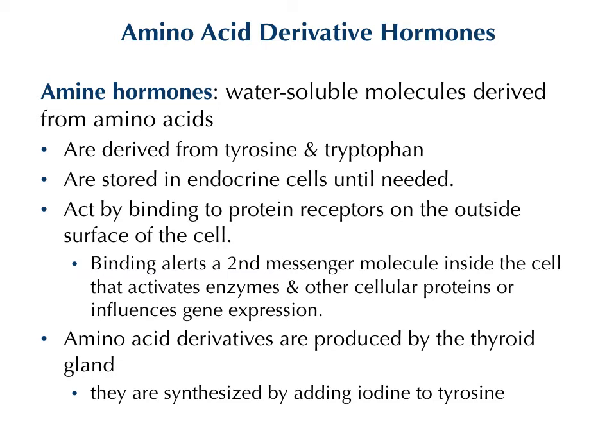They'll bind to that outside receptor, which will alert a second messenger molecule inside of the cell that will act on things like enzymes or other cellular proteins that could influence the expression of genes. Amino acid derivatives are produced particularly by the thyroid gland. They are synthesized, as we saw in the previous slide picture, by adding iodine to tyrosine.